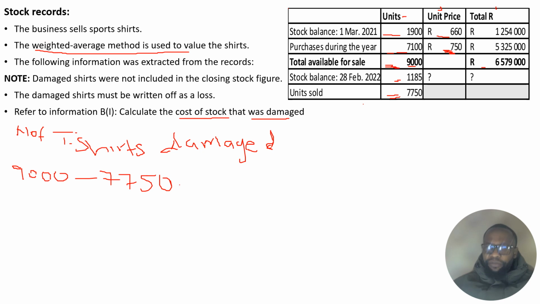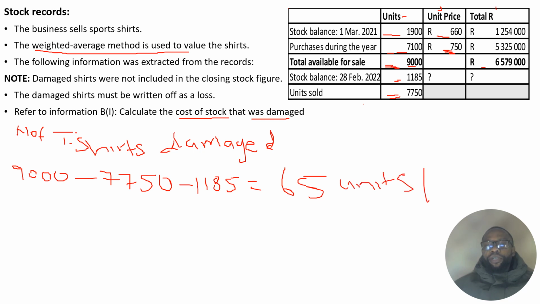Now in stock we have 1,185. What is it that is missing? That is our damaged t-shirts. 9,000 less 7,750 less 1,185, and we are left with 65 units, or t-shirts. Those are the t-shirts that were damaged.